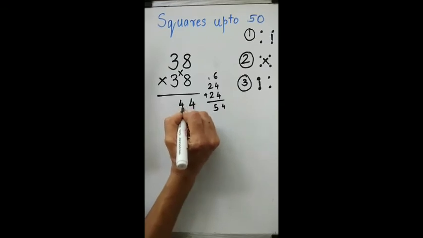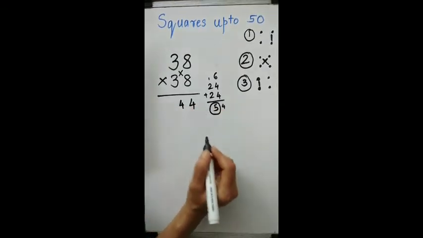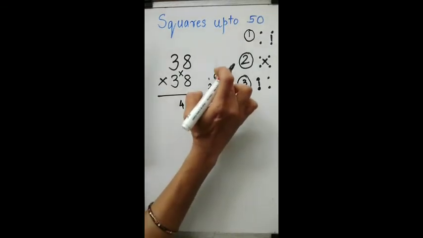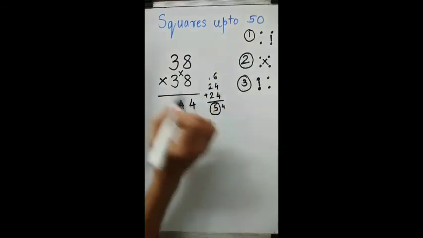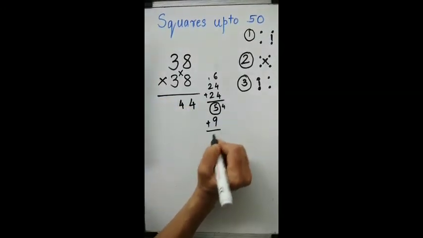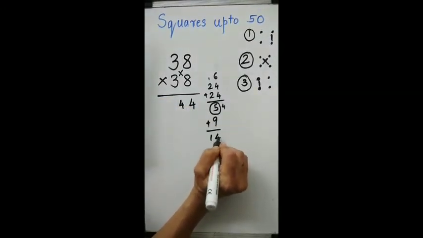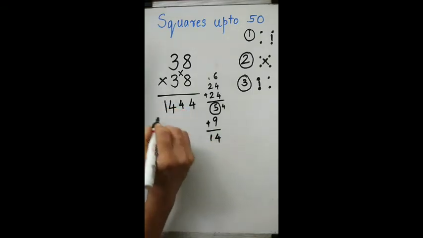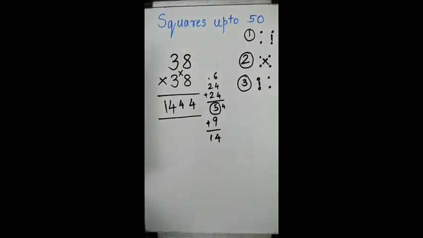So 4 is written over here, 5 gets carried. So I got the multiplication and its addition, and the carried number I added to it. Now 3 threes are 9 and this 5 will give me 14. So 1444 is my answer. So square of 38 is 1444. Is that understood, children?